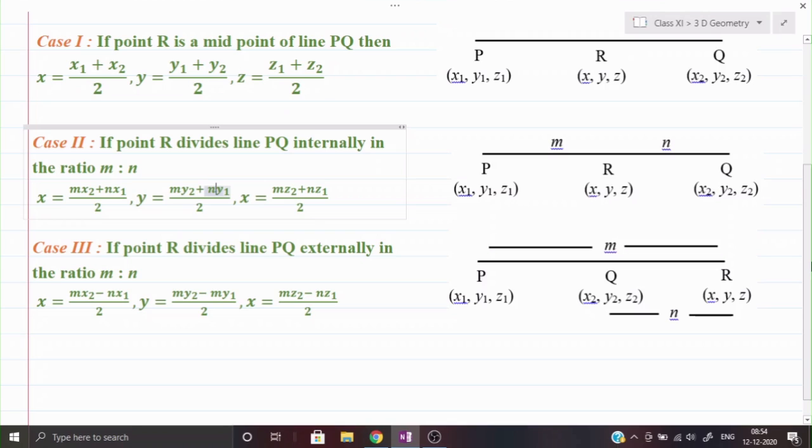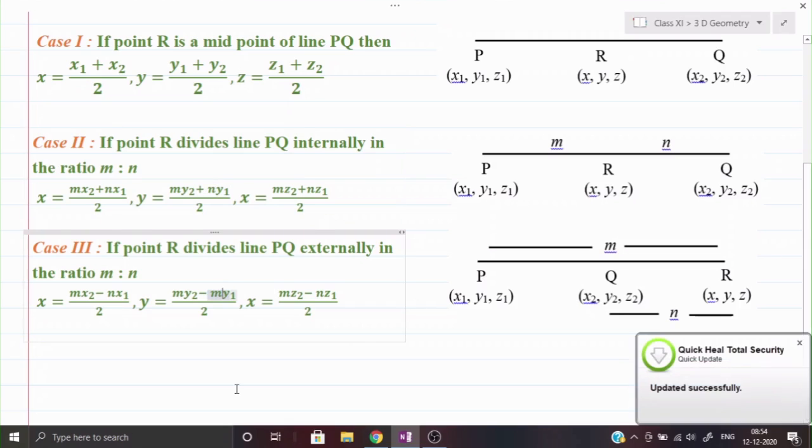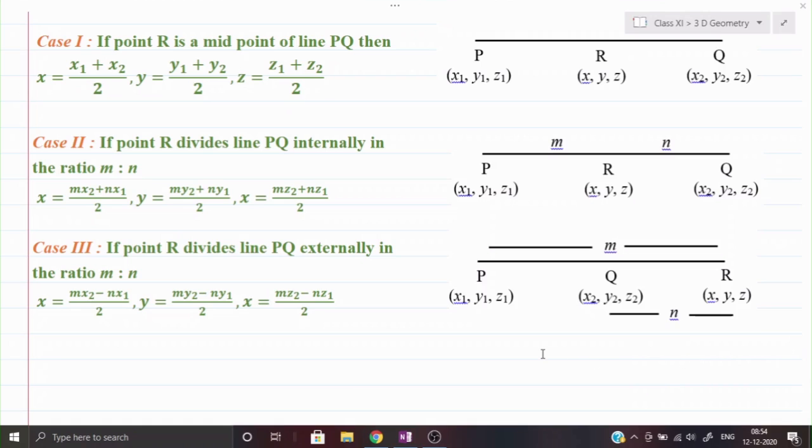So the x coordinate will be mx2 minus nx1 whole divided by m minus n. Similarly the y coordinate will be my2 minus ny1 whole divided by m minus n, and the z coordinate will be written in the same manner. So these are the three cases that are possible while applying the section formula.